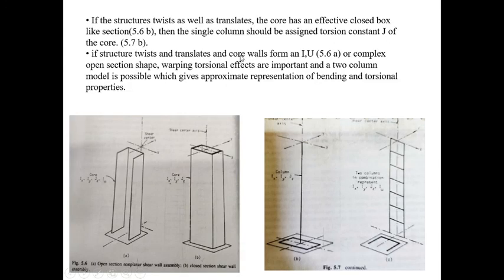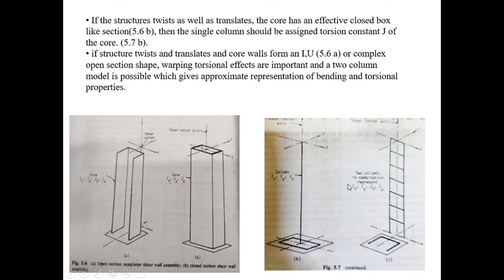Okay. Next, if the structure is non-planar as well as twisting and translating, that is, movement is there as well as twisting, then the core is treated as an effective closed box. Then the single column will be assigned a torsion constant.